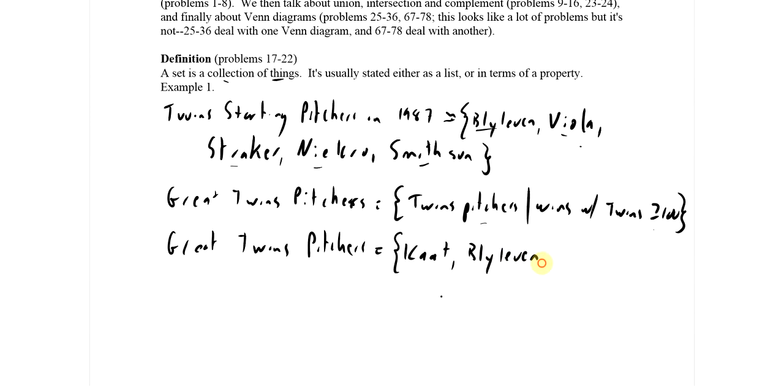So Jim Kaat, Bert Blyleven, Scott Erickson, Jim Perry, not Gaylord Perry, and Frank Viola. Right. So here's a list, here's a property. There are different ways of saying the same thing. This is all the pitchers who've won at least 100 games with the Twins. This property corresponds to that list.